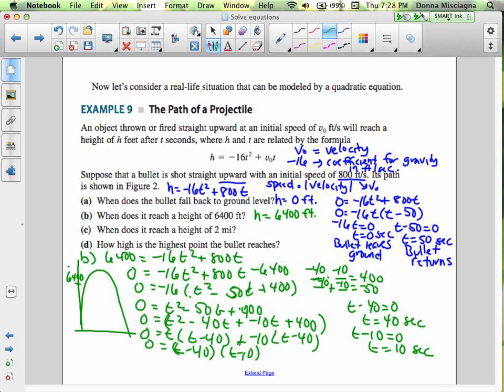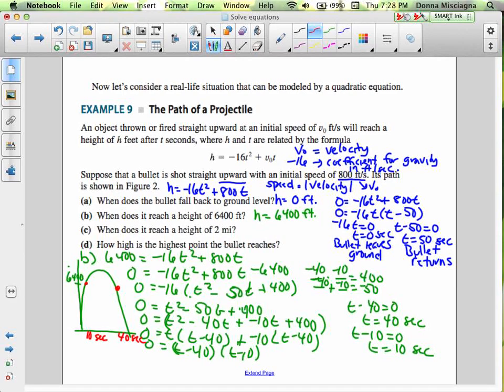That's going to occur here and here. This would be at 10 seconds, and this one would be at 40 seconds.